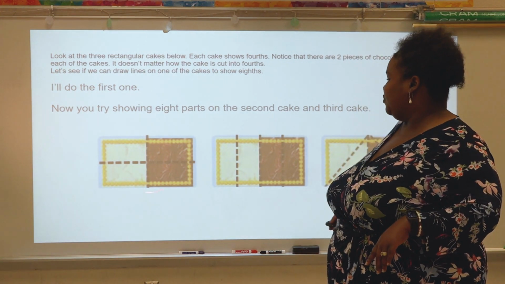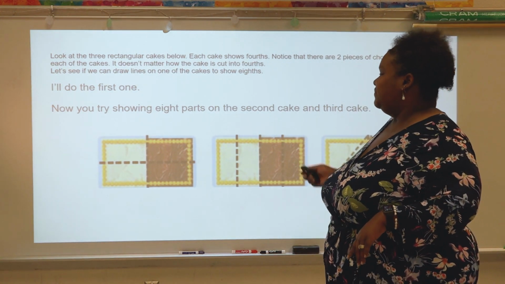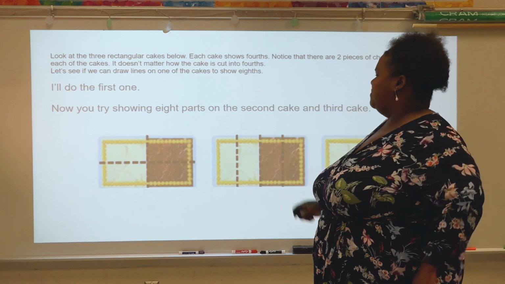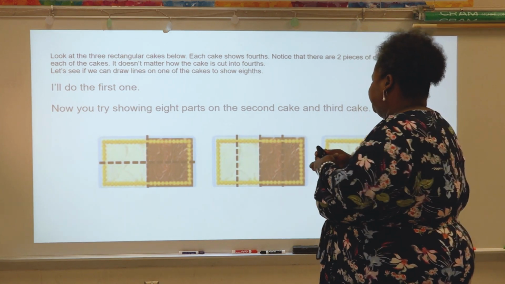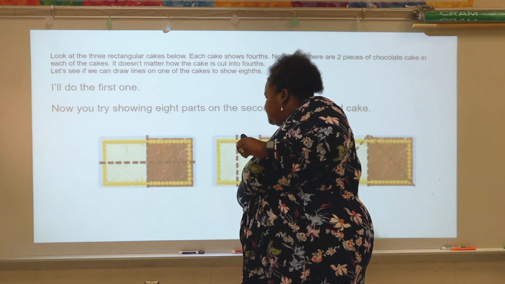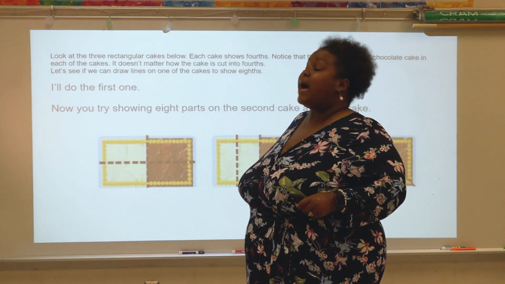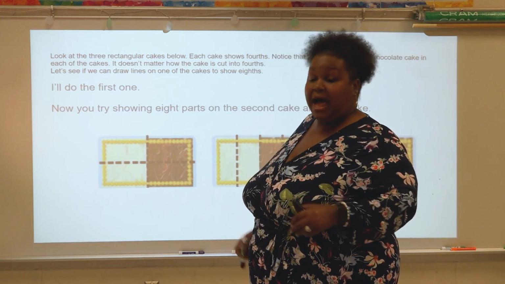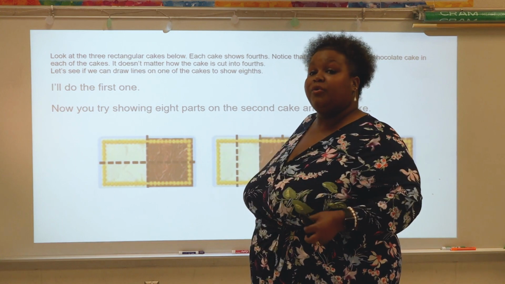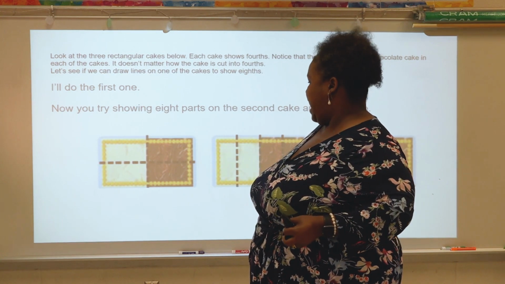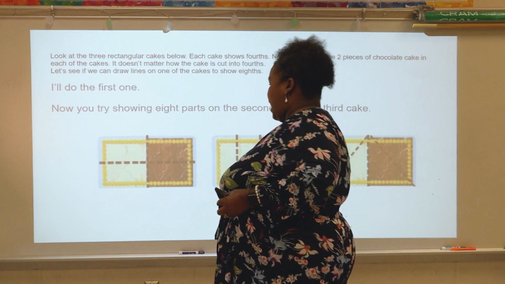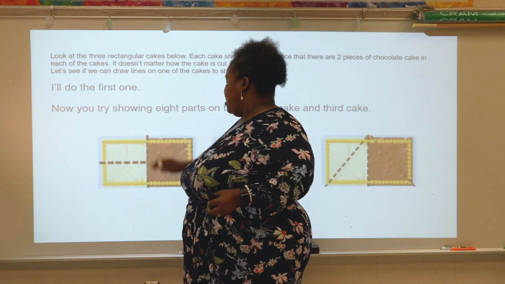With this first one, I'm looking at it, thinking, what's my best way to make that into 8ths? I do believe I'm going to draw some vertical lines. I think I'm going to go straight down. That would be a way. I'm making my 4ths.